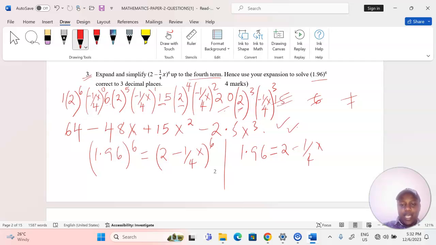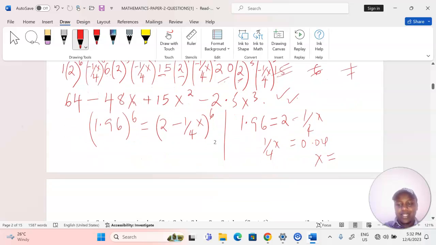So now we can have a quarter x to this side, equals 2 minus 1.96. This is 0.04. And to get the value of x, we are supposed to multiply by 4 to remain with x. So 0.16.